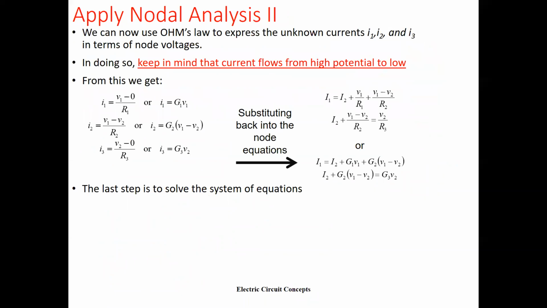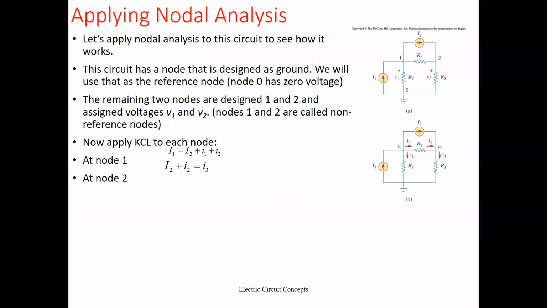Okay, then the next step is to apply Ohm's law. Let's go back to the previous one here. So we have I1 equal I2 plus I1 lowercase, and then we have I2 plus I2 lowercase equal to I3.